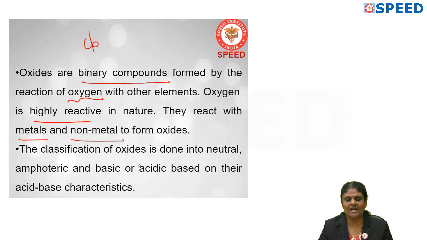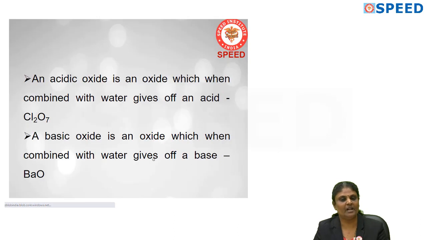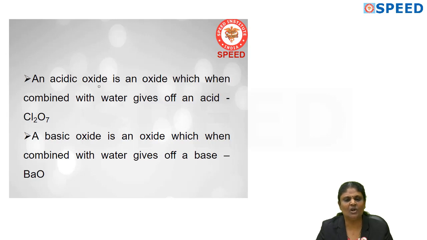The classification of oxides is done into neutral, amphoteric, basic and acidic. An acidic oxide is an oxide which, when combined with water, gives off an acid.